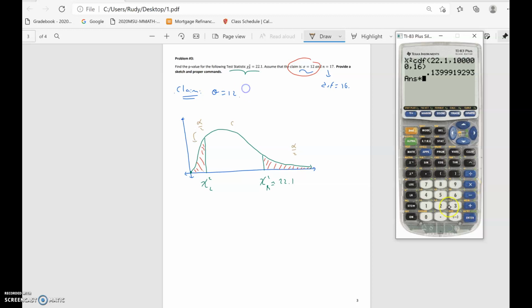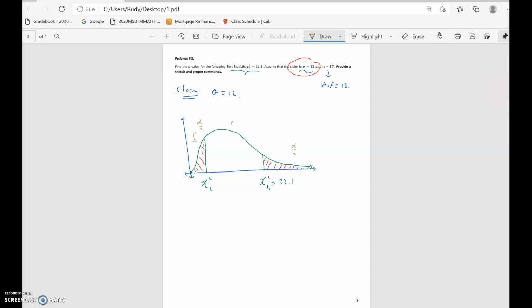You would just have to multiply that times 2, and that would be the p-value. So the total area above the first one is approximately 0.14, and this value here is 0.14.